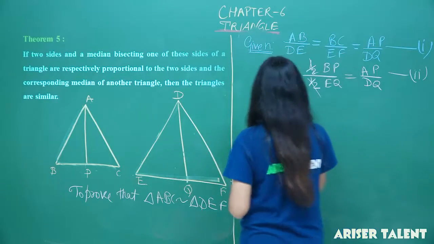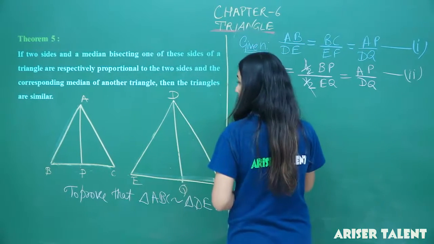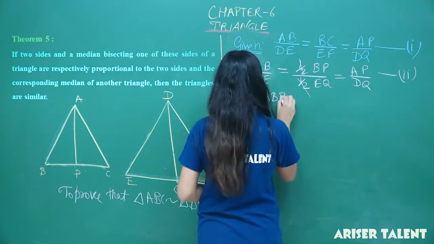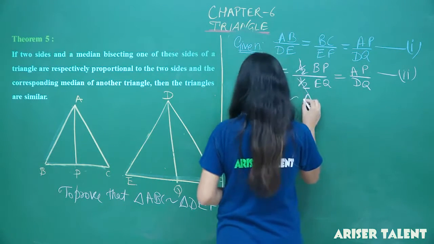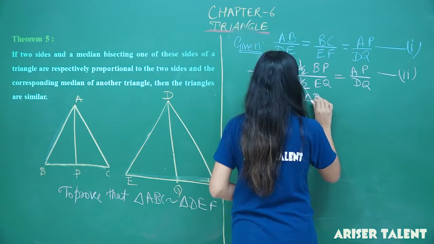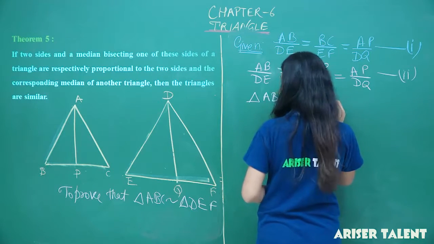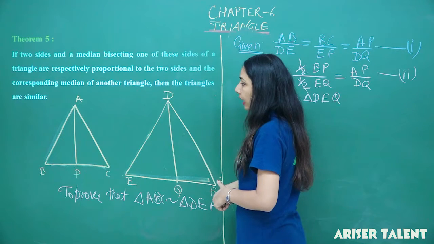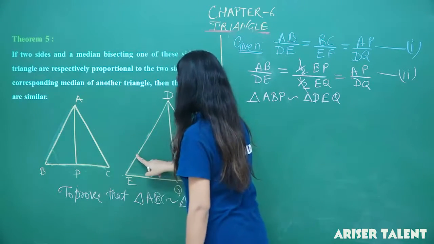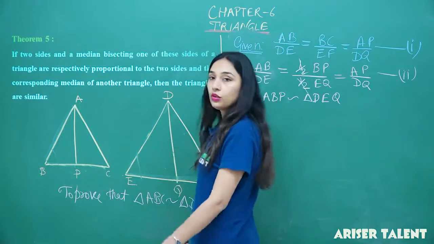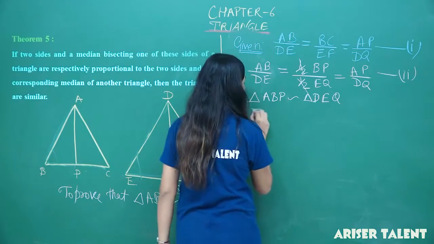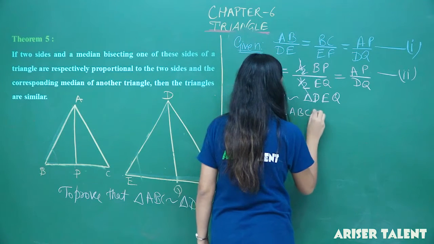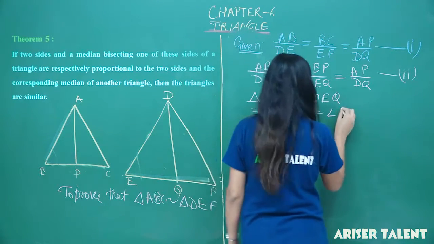So, just write it. Triangle ABP is similar to triangle DEQ. Now, if these two triangles are similar, so I can say that angle B and the corresponding angle are equal. This implies that angle ABC is equal to angle DEQ.